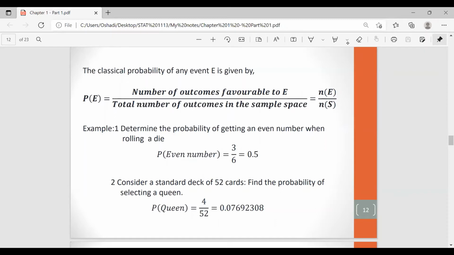So there are 4 chances of getting the queen: spades, hearts, diamonds, and clubs, right? So there are 4 outcomes favorable to getting a queen, and the total number of outcomes in the sample space is 52. So it is 4 over 52, right?